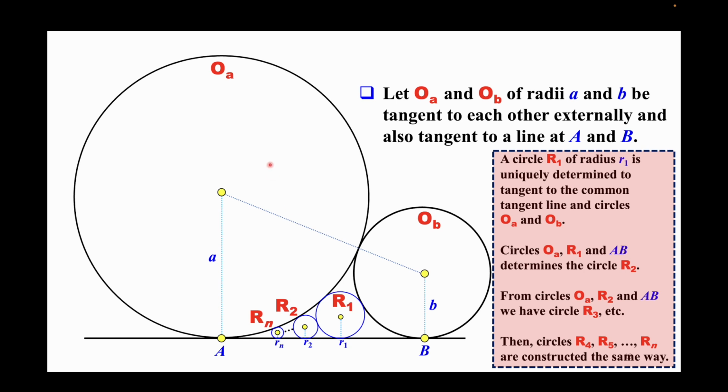Now, if we use OA and R1, we are able to construct a circle of radius R2, and so on.